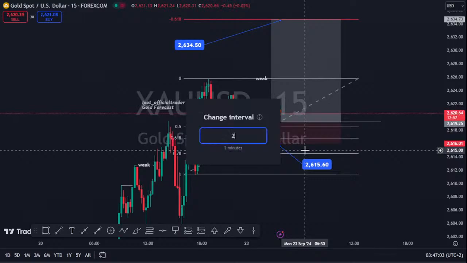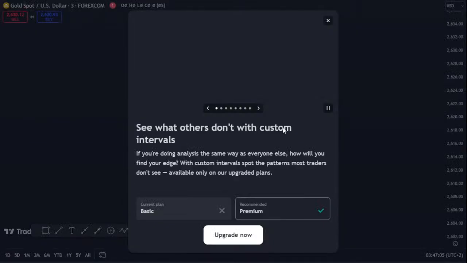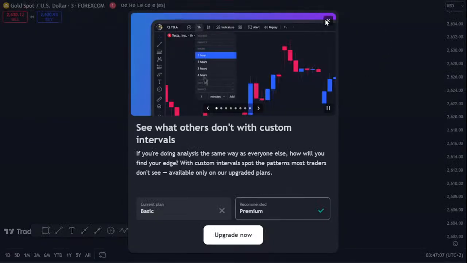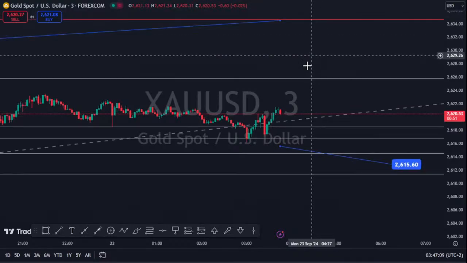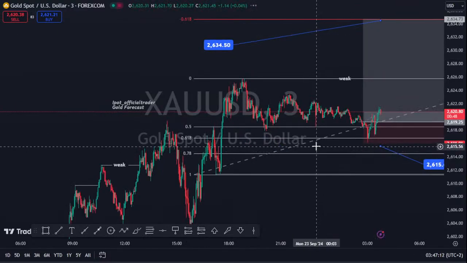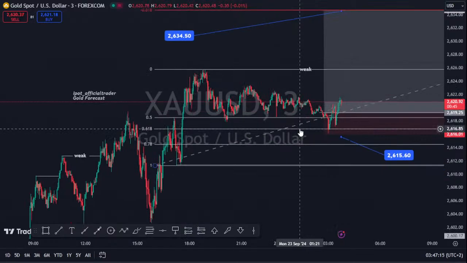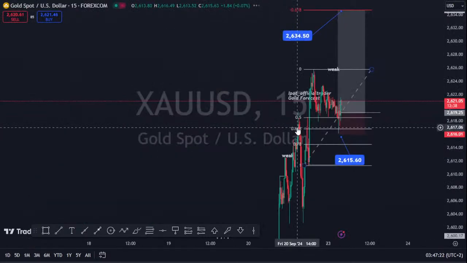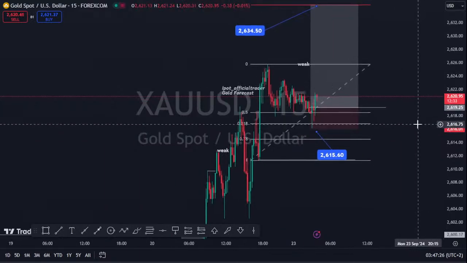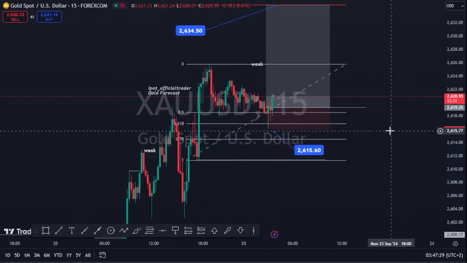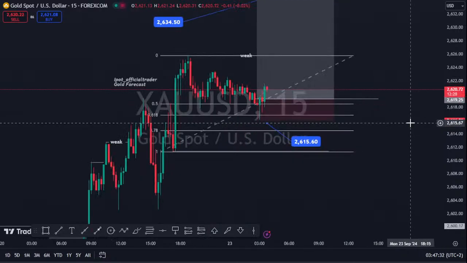If I were to go to 3 minutes, I cannot. If I were to go to a smaller time frame, which is 3 minutes, it would say I need to remove the Fibonacci. Fibonacci is not working under 3 minutes because of this weak high. But on 15 minutes it does apply, because under 15 minutes this weak high is represented maybe by this one candlestick, which to us looks okay under 15 minutes, but under 3 minutes it's not okay.